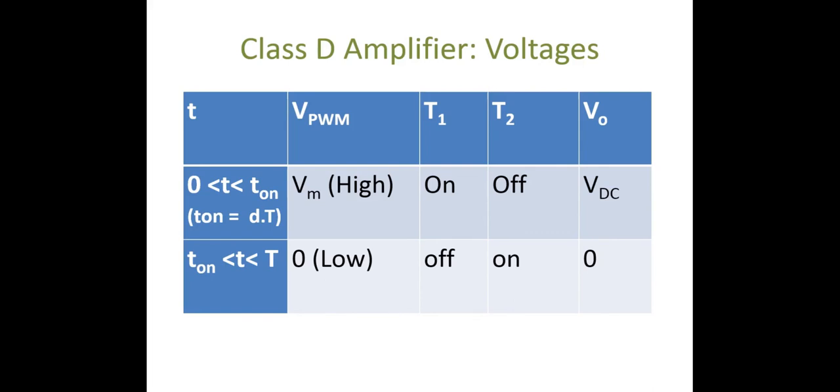Then we have the state of transistors T1 and T2, and finally V naught. So you can see when PWM is high, T1 is on, T2 is off, and V naught is equal to VDC. When PWM is low, T1 is off, T2 is on, and V naught is 0.